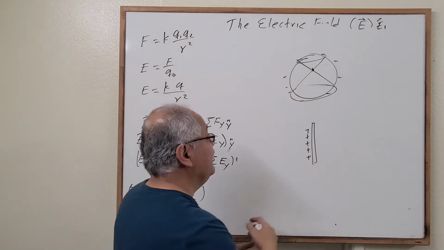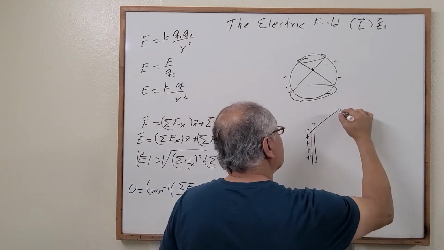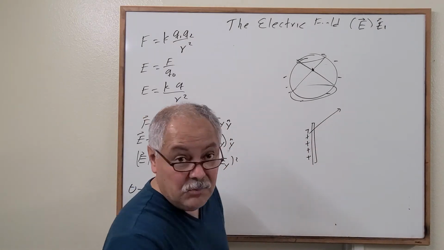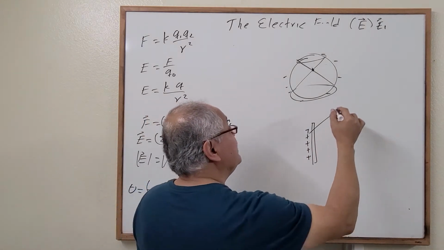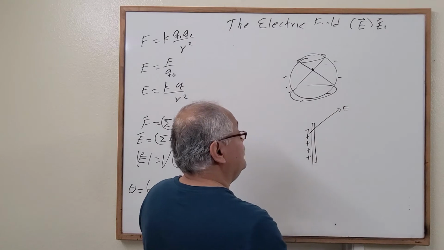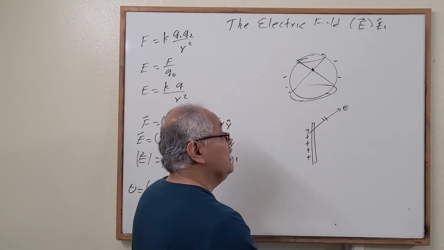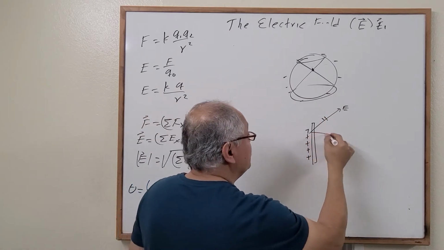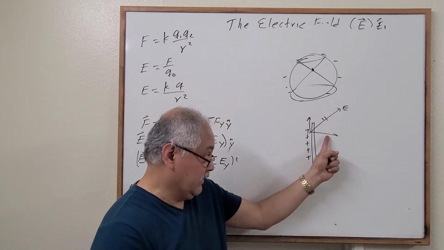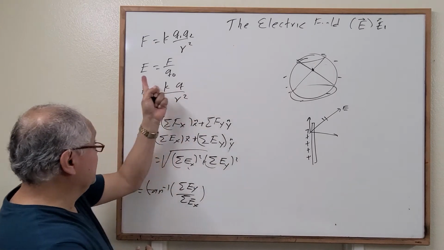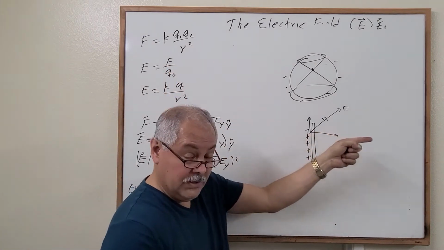Imagine that the electric field goes in this direction. Remember, we're dealing with electrostatics. Charges are at rest. If the electric field goes in this direction, we can break this into components, one in this direction and one in that direction. The electric field, or the force, remember, because the electric field is in function of the force, so we have a force in a direction.